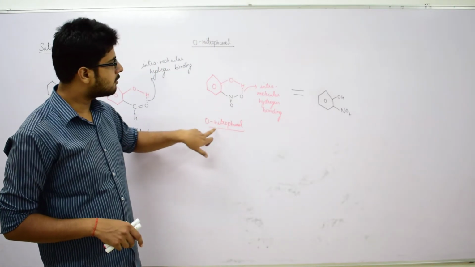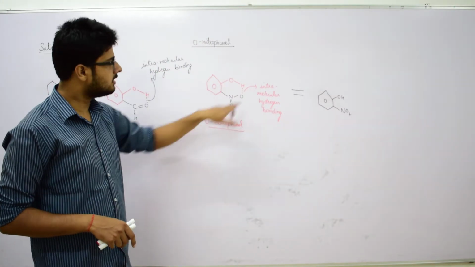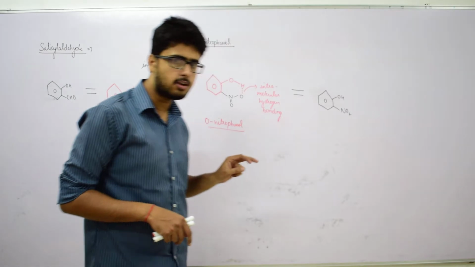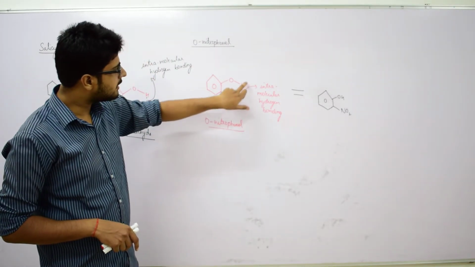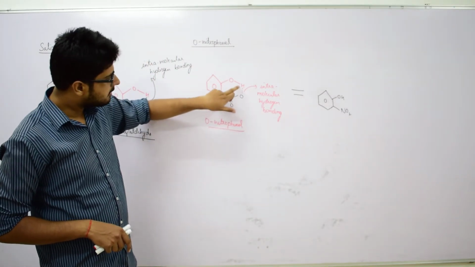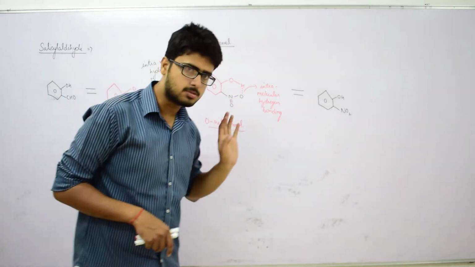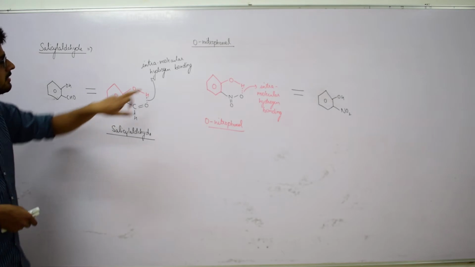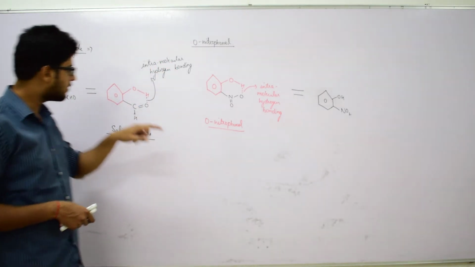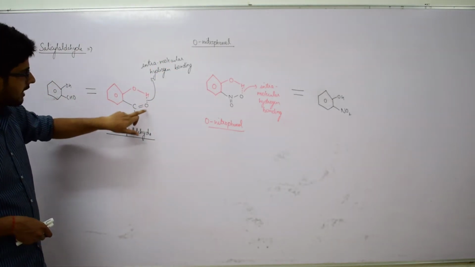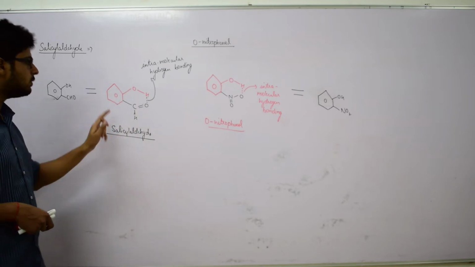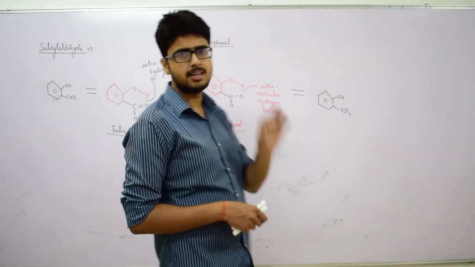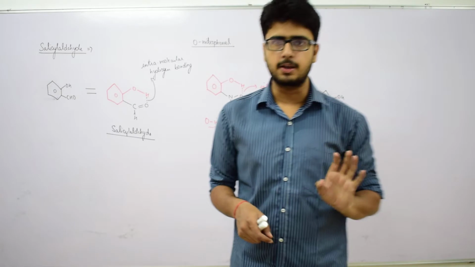The structure of orthonitrophenol is this one, and there is formation of intramolecular hydrogen bonding between hydrogen and oxygen atoms. In the case of salicylic, there is also intramolecular hydrogen bonding between hydrogen and oxygen.